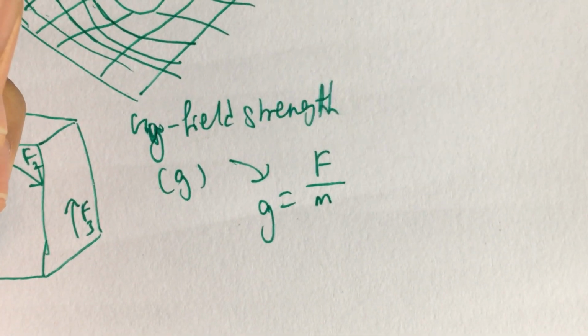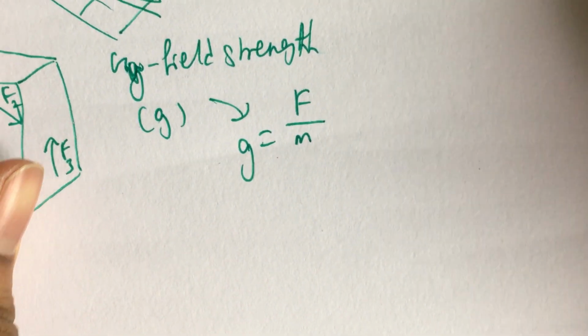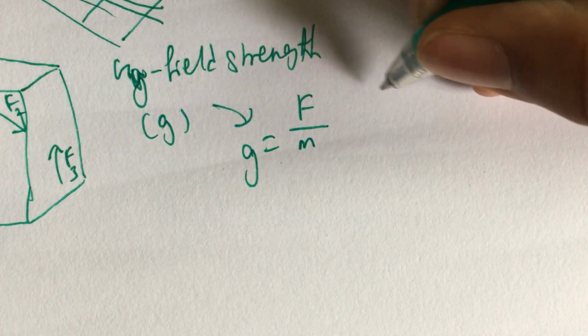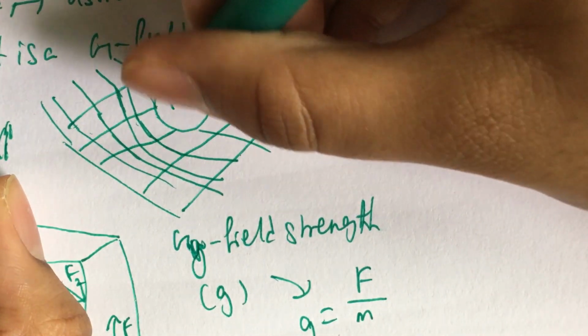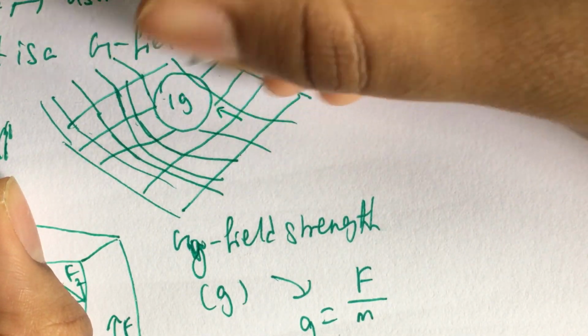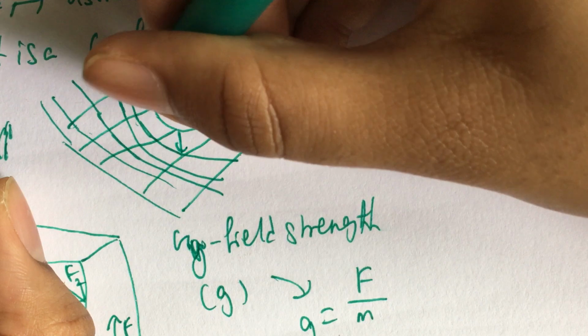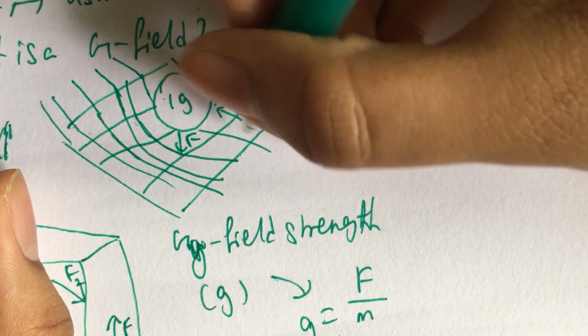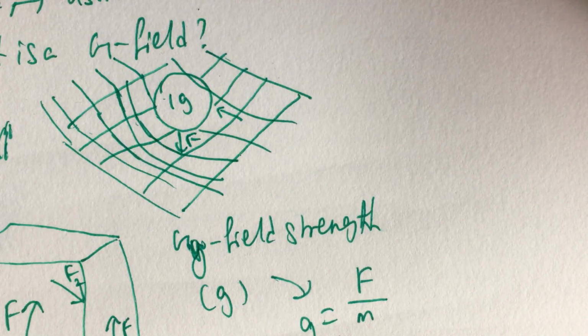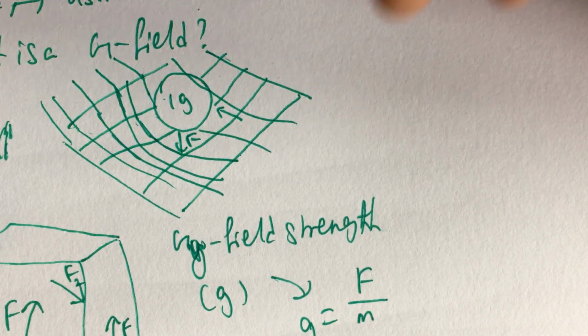A 1 gram mass at that point, and you see how much force is being exerted on the mass by the field because of the influence of other objects. That force is the gravitational force in this scenario, since in this topic you're talking about gravity.